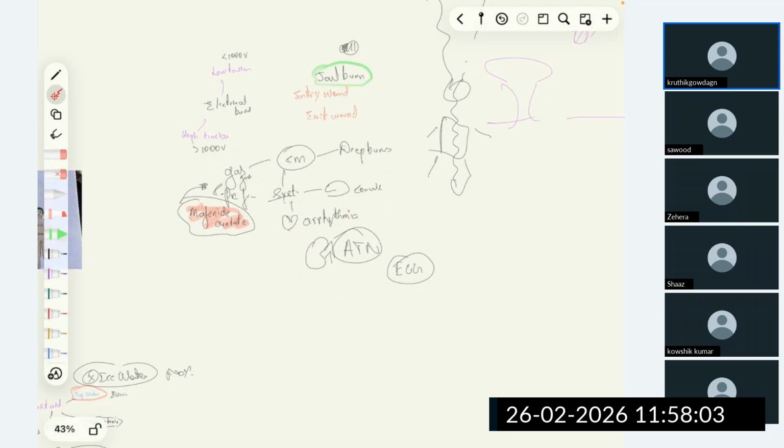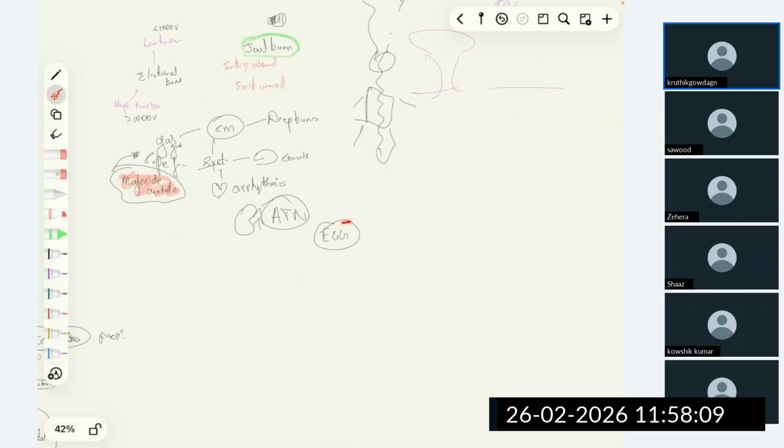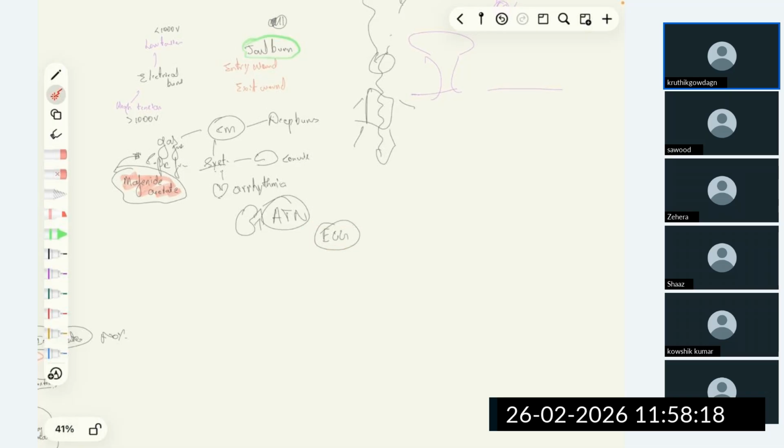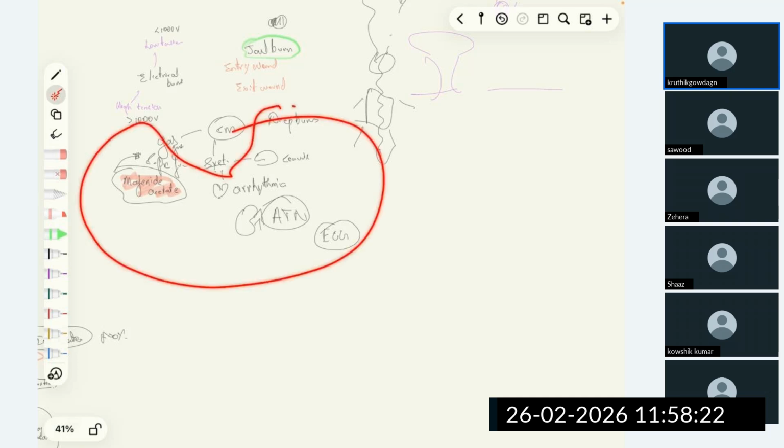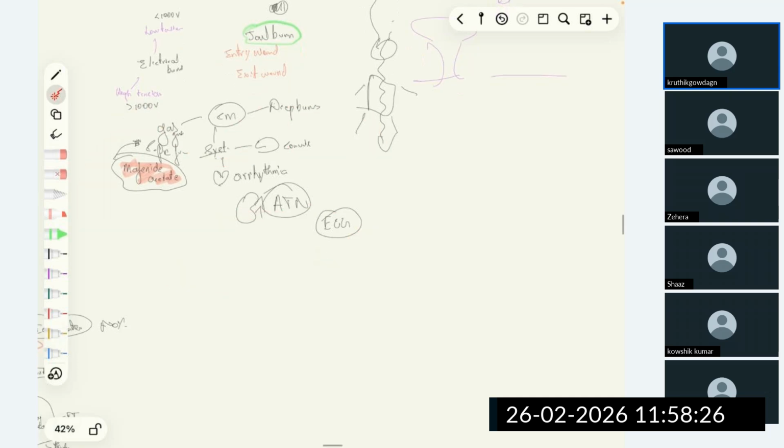How to manage it? Mafenide acetate, and under investigation we should do continuous ECG monitoring, continuous vital monitoring, and also in case of infections we can do culture and sensitivity, blood culture and sensitivity, and you can write many investigations because we have many systems involved. Under treatment, if the patient has convulsions, manage the convulsions.